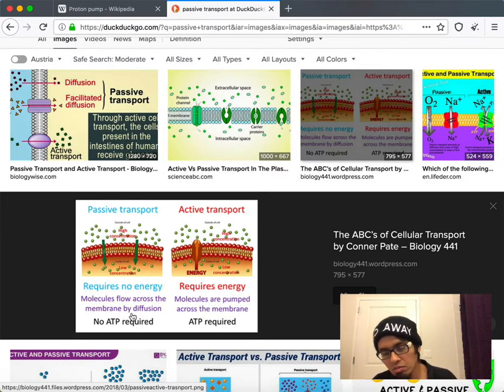Because otherwise the cell will shrivel up if there's less water in it, which is the problem with throwing cells in hypertonic solutions, right? Due to osmosis, the water will leave from the cell to the outside hypertonic solution, which has more solute, which is again another passive transport mechanism, and the cell will shrivel up or plasmolyze, in the case of plant cells specifically.